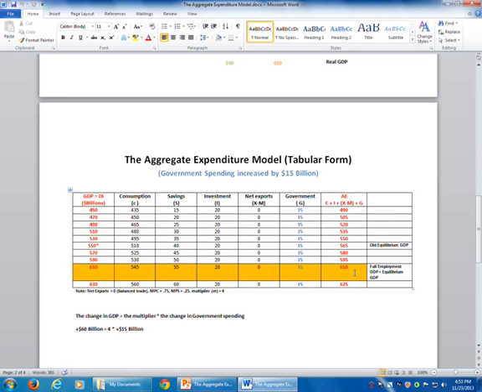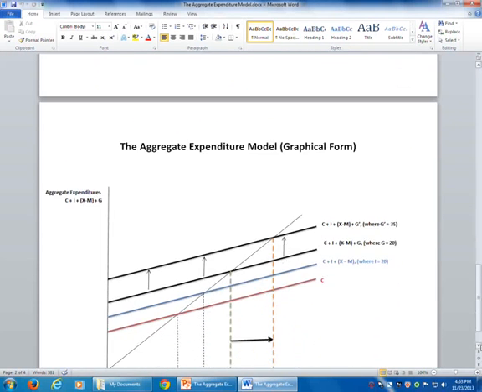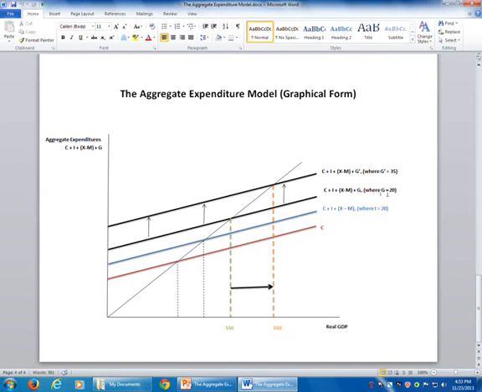Now, what this suggests is the following: if I look at this graphically by simply increasing government spending. Initially, we had government spending where it was 20 billion, and we have this difference between aggregate expenditure and real GDP at full employment. I increased government spending.